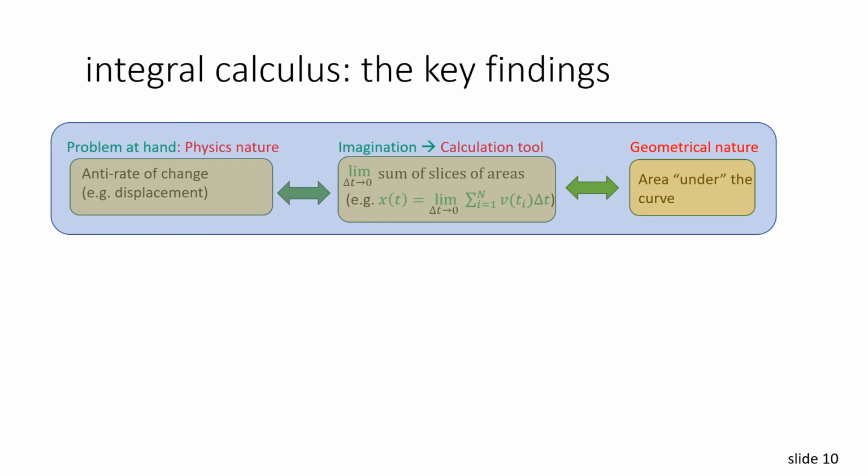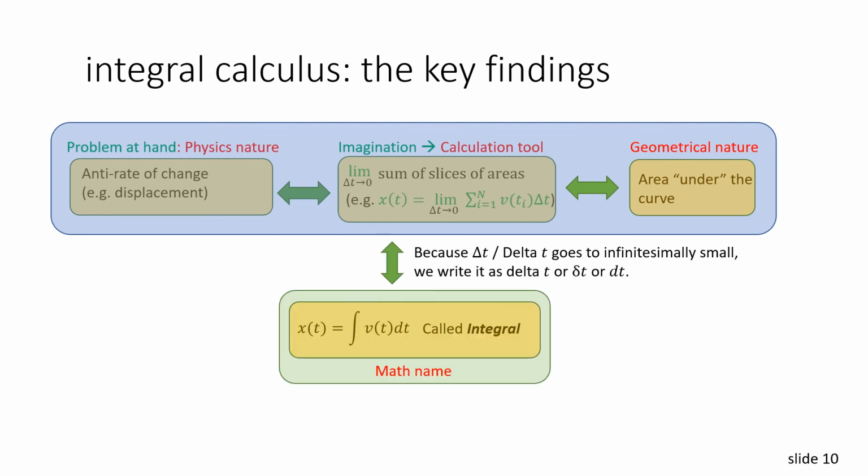And 3, we know that the sum of very thin slices of an area under the curve can approximate the real area, and we can make those thin slices infinitesimally thin to a point where their sum can equal and represent the true area. This is the calculation tool for the integral of general functions.